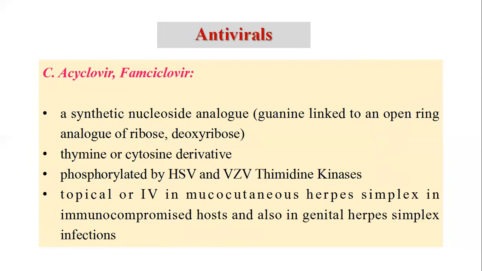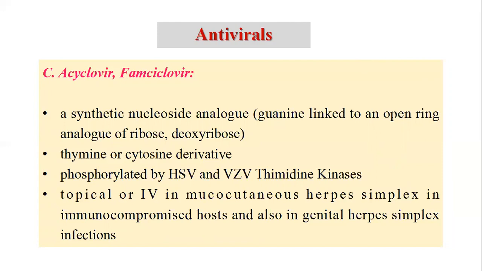Next one is acyclovir or famciclovir. These two antiviral drugs are also synthetic nucleoside analogs. They are actually guanine linked to an open ring analog of ribose and deoxyribose. They are either thymine or cytosine derivatives.